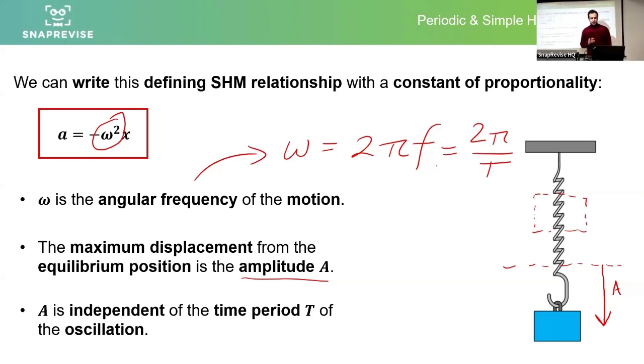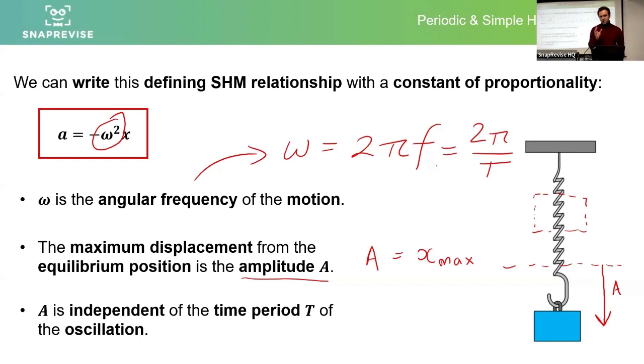A is independent of the time period T of the oscillation. So whether my spring or my child or whatever this system is, whether it's doing massive oscillations or very little ones, its time period is the same. So if it takes 1 second to do a little one, even the massive one, it will still take 1 second. Okay. Right. So the amplitude is the maximum value that x, our displacement, will take.